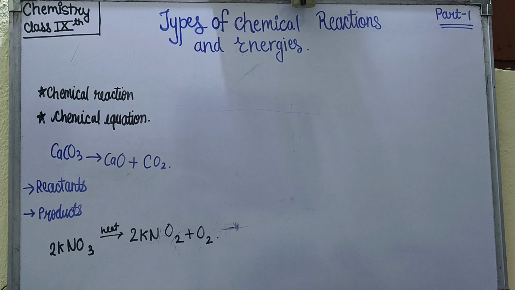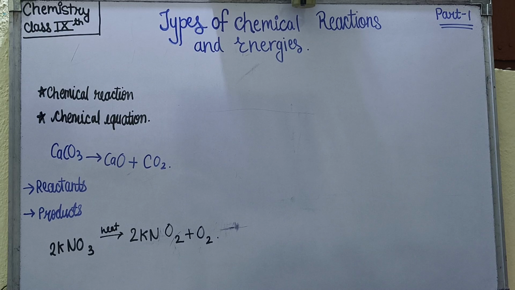First point of this equation is the elements present in the reaction: potassium, nitrogen and oxygen. So there are three elements present: potassium K, nitrogen N and oxygen O. No other element is over here other than these three.